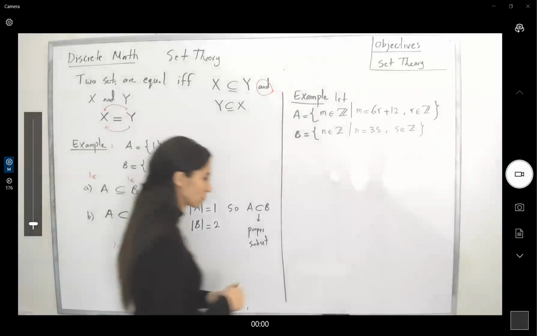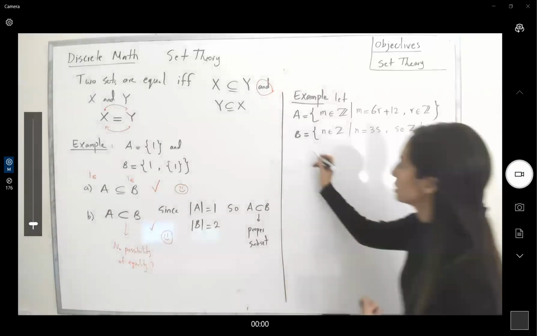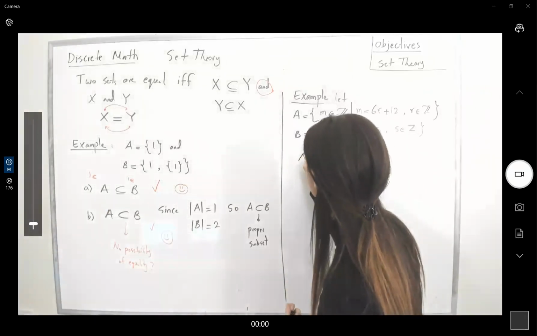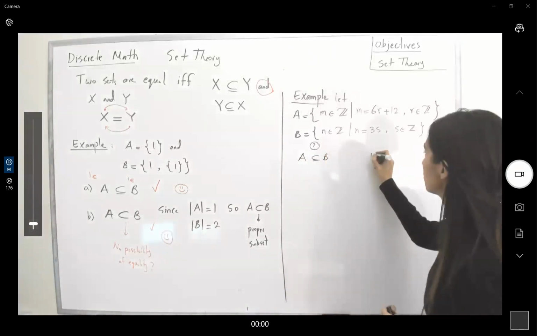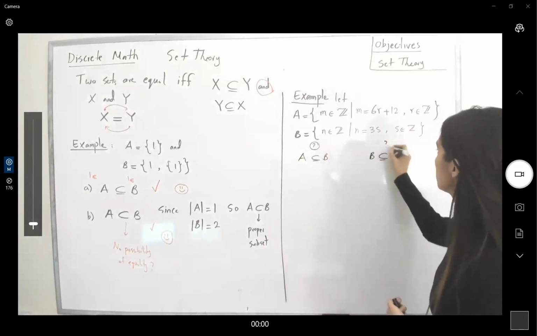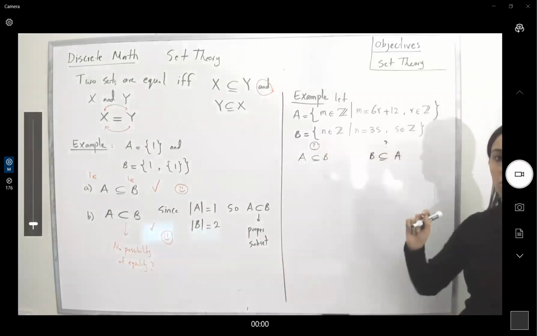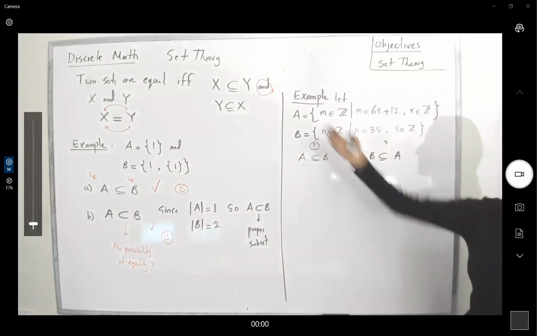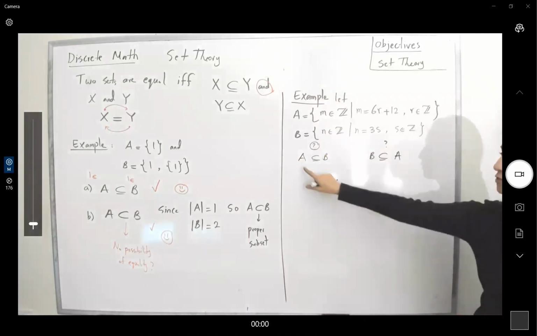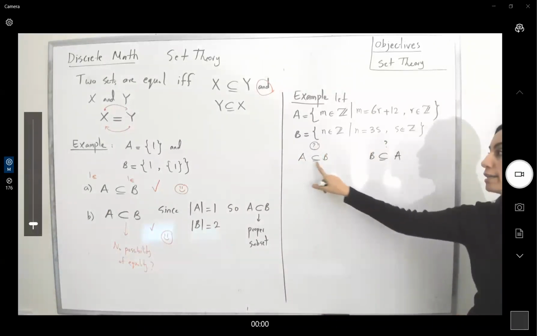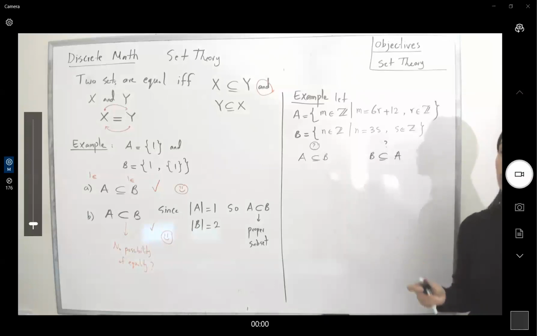Okay. To investigate the relation between A and B, we need to check to see if A is a subset of B, and if B is a subset of A. If these two are both true, we can say that these two sets are equal to each other. If no member of A is in B and no member of B is in A, then they are disjoint.